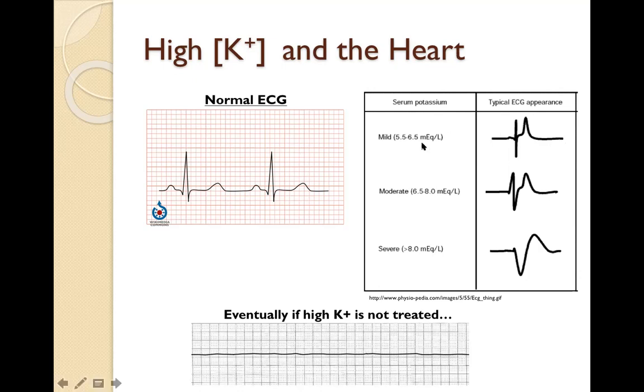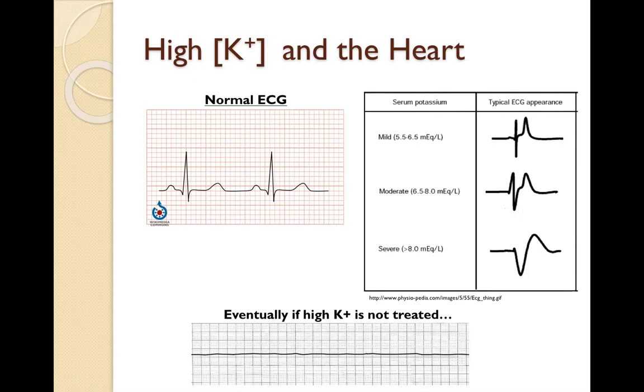If you have an even higher potassium, you'll notice here that compared to the image above, the depolarization event is now taking longer. So you still have your peaked T wave, but your QRS complex is now widening. It's taking longer for depolarization to happen because it's harder for depolarization to happen.